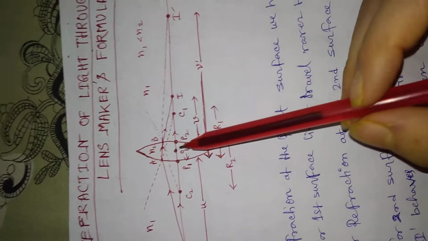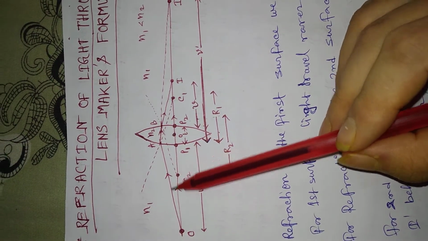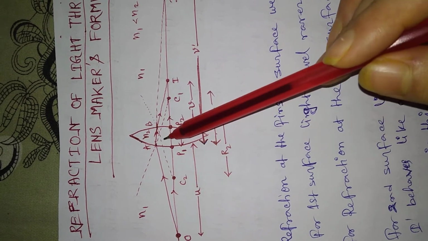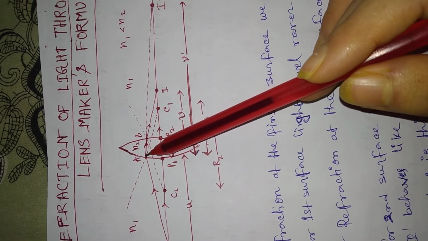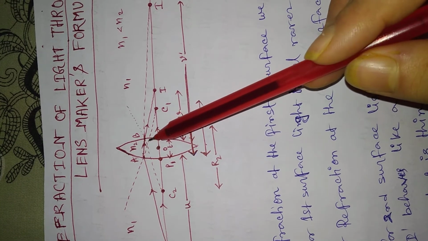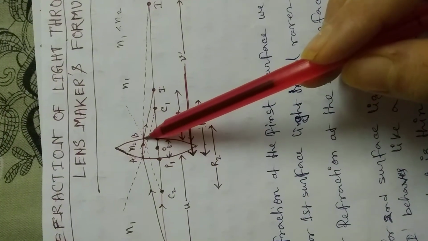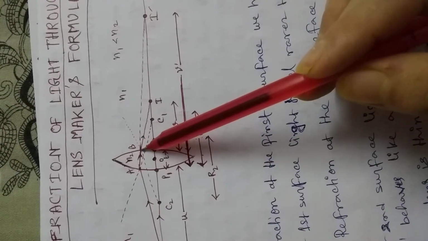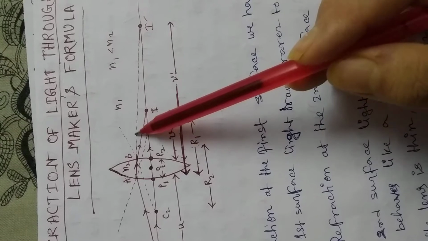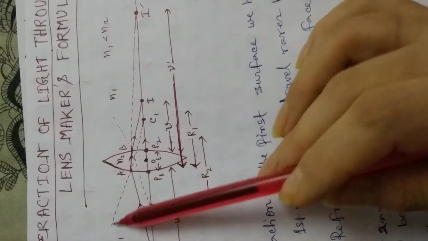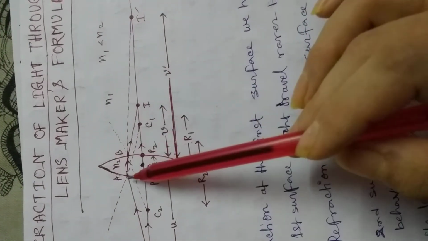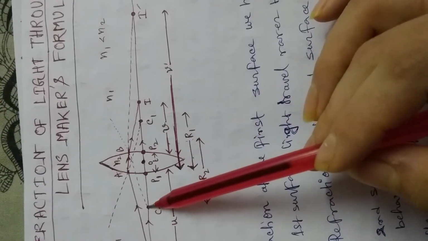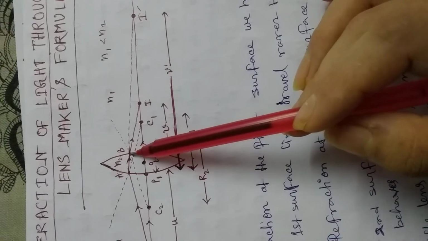So when the light ray moves from a rarer to a denser medium, the ray after refraction bends towards the normal and is incident at point B and is refracted again. Just look at here, this is the normal: AC1 is the normal at point A and C2B is the normal at point B.